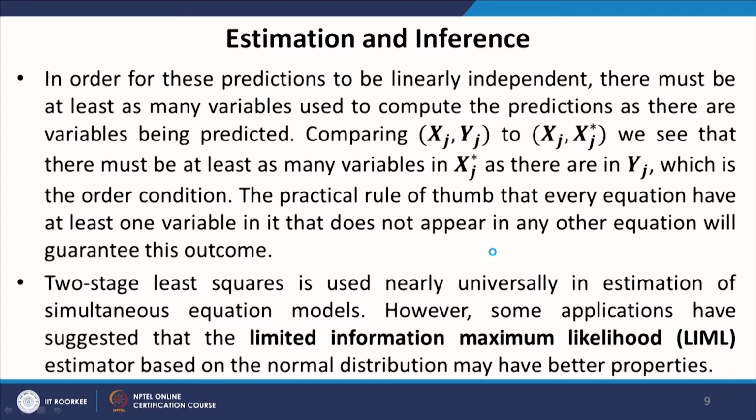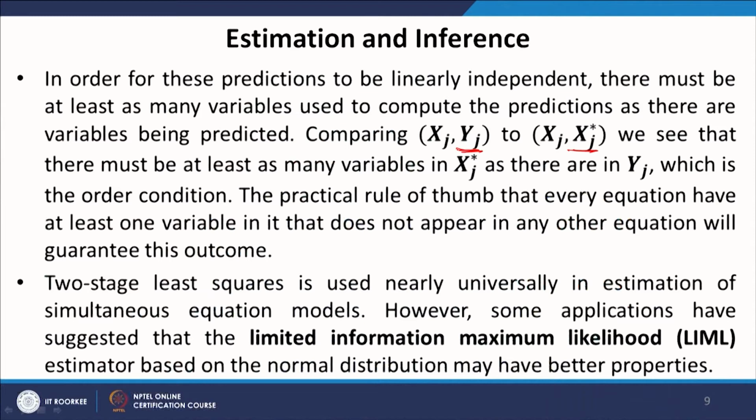So, when we compare (xj, yj) with (xj, xj star), we see that there must be at least as many variables in xj star as there are in yj in order for them to be linearly independent. This is exactly the order condition. The practical rule of thumb that every equation have at least one variable in it that does not appear in the other equations will guarantee this outcome.